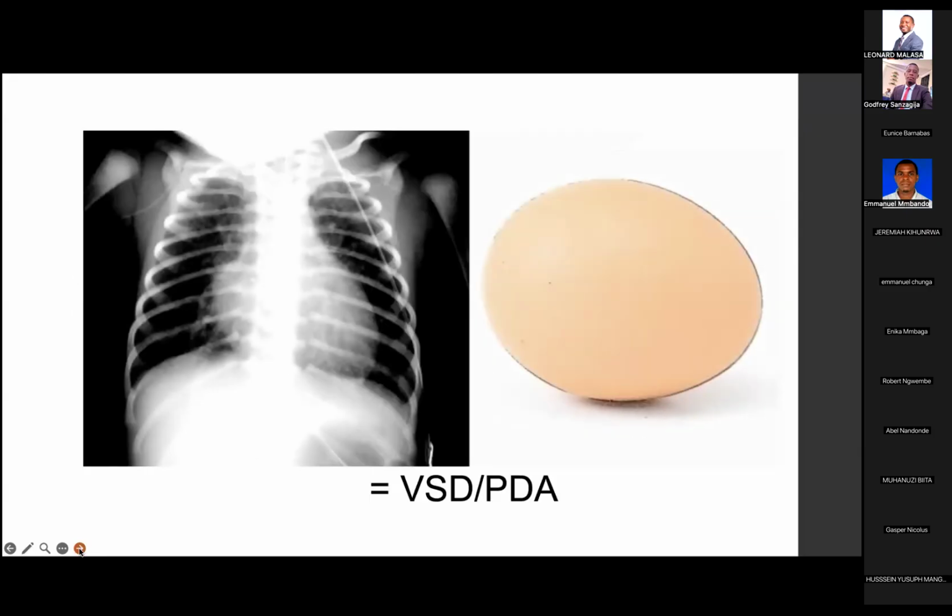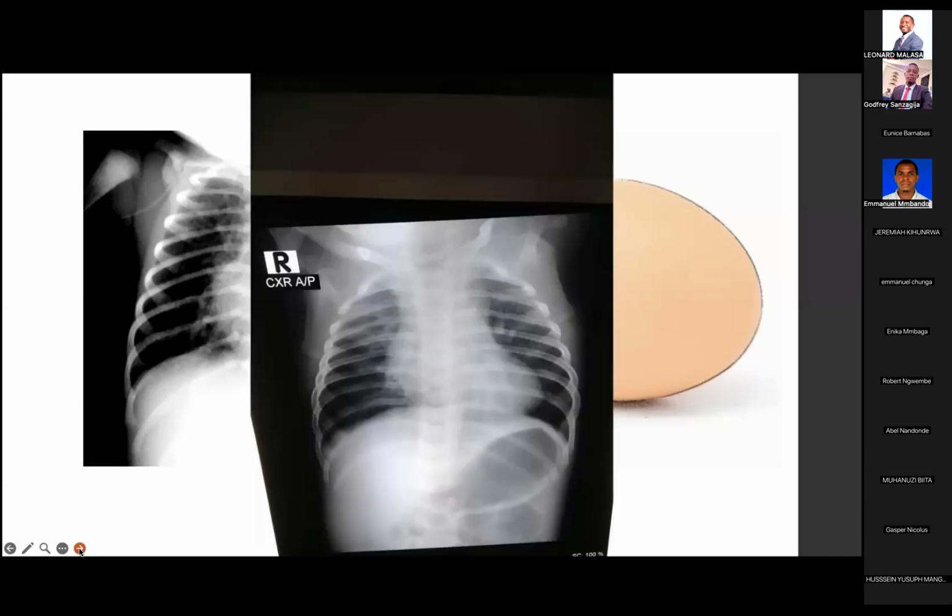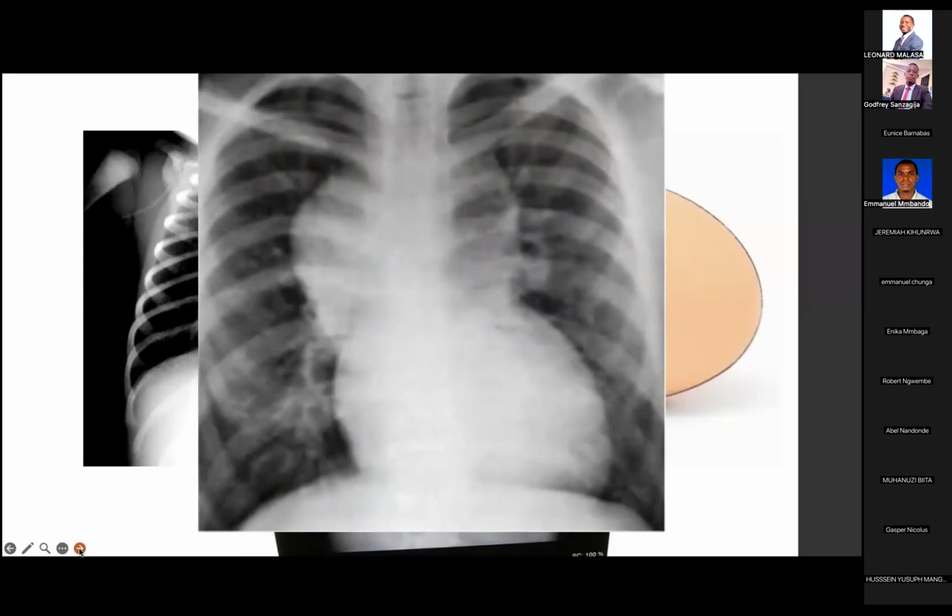We already talked about this. So this is a transposition of the great arteries. This X-ray, the boot shaped, remember, TOF, and this X-ray, the snowman, the 5-letter word, right? The total anomalous venous return.